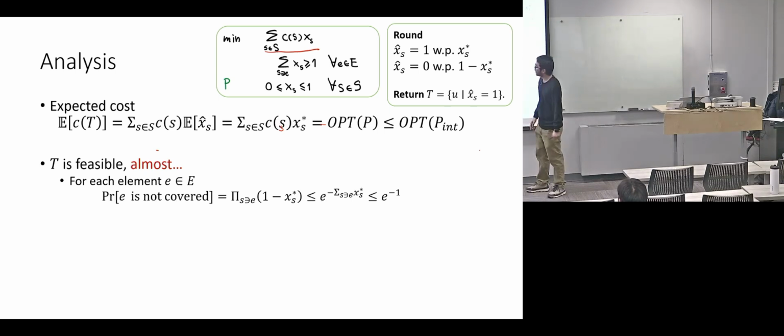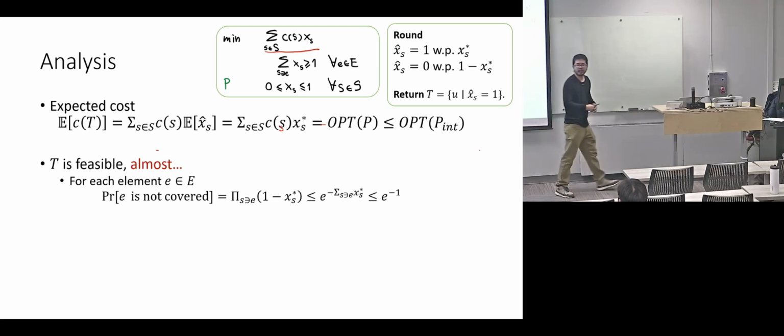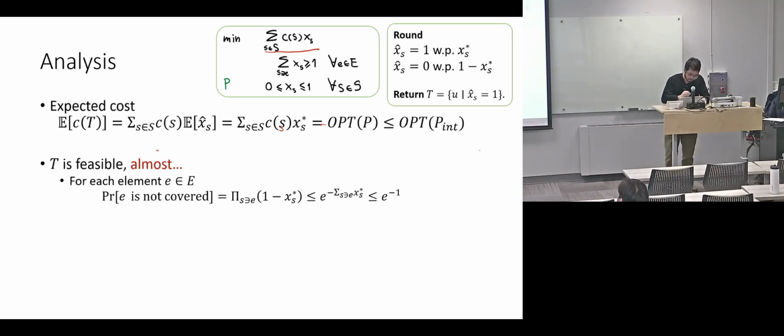And then how do we analyze this one? Again, once you see 1 minus something, use e to that thing. So this is e to the minus x star S, and you take the product, which is just a sum in the exponent.